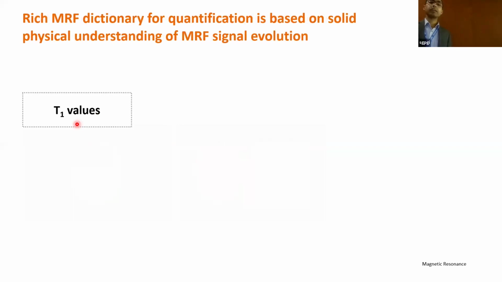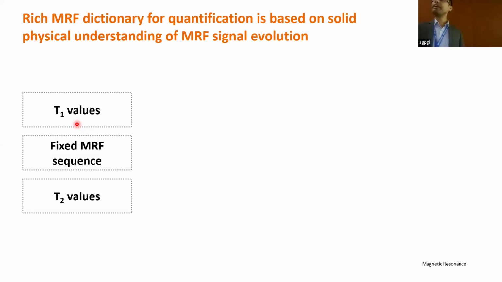So what you are getting, we know that in MR, we are talking primarily about T1 and T2 relaxation. So T1 values, T2 values, and then a fixed MRF sequence, which can be of different types. There are a lot of fingerprinting based schemes available in the academic domain.